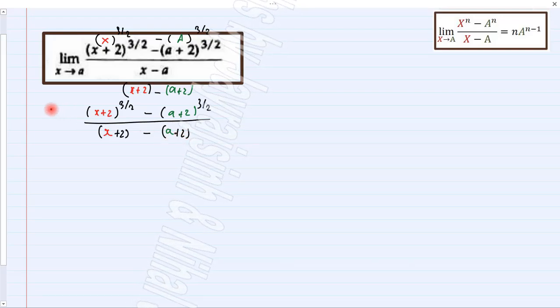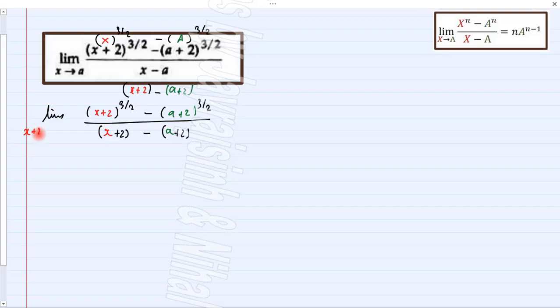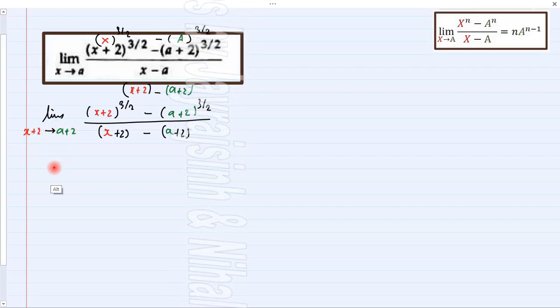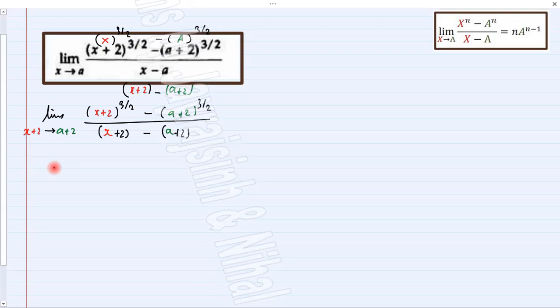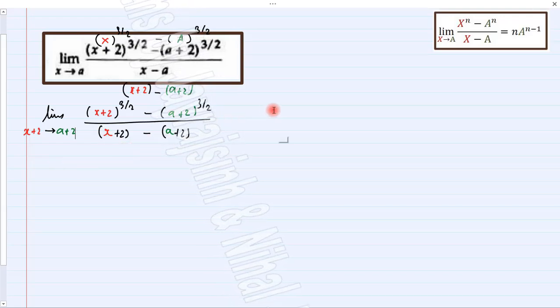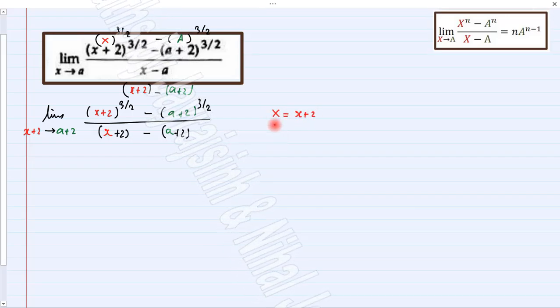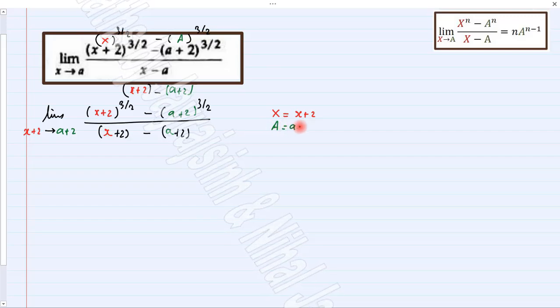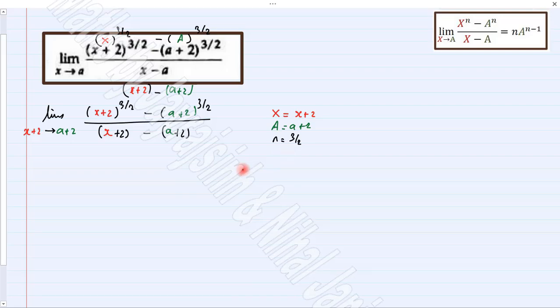Now your limit is x tends to a, so we can say x plus 2 will tend to a plus 2. So we have a proper form, the limit capital X tends to capital A of X raised to n minus A raised to n upon X minus A, where your capital X is small x plus 2, capital A is a plus 2, and your n is 3 by 2.